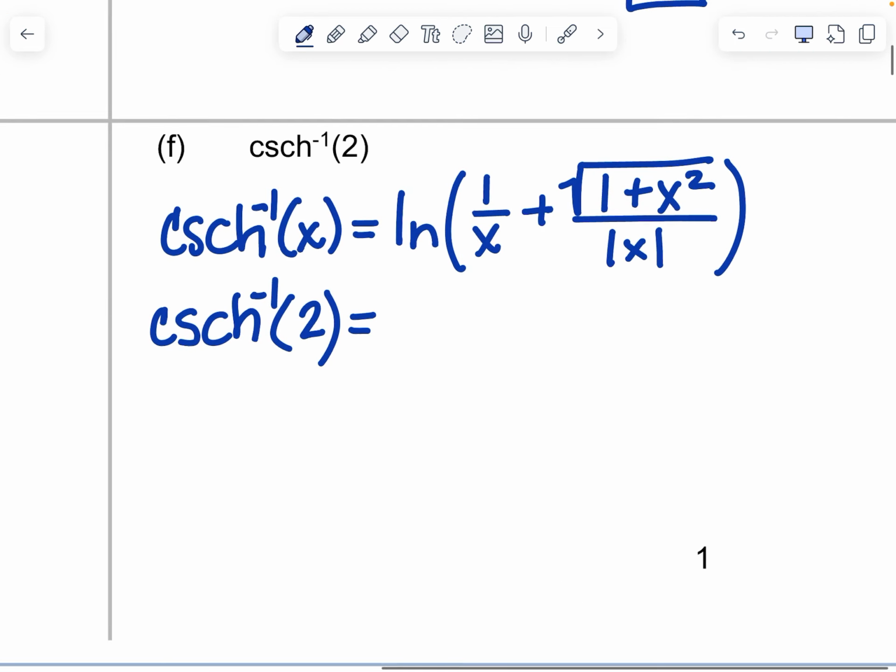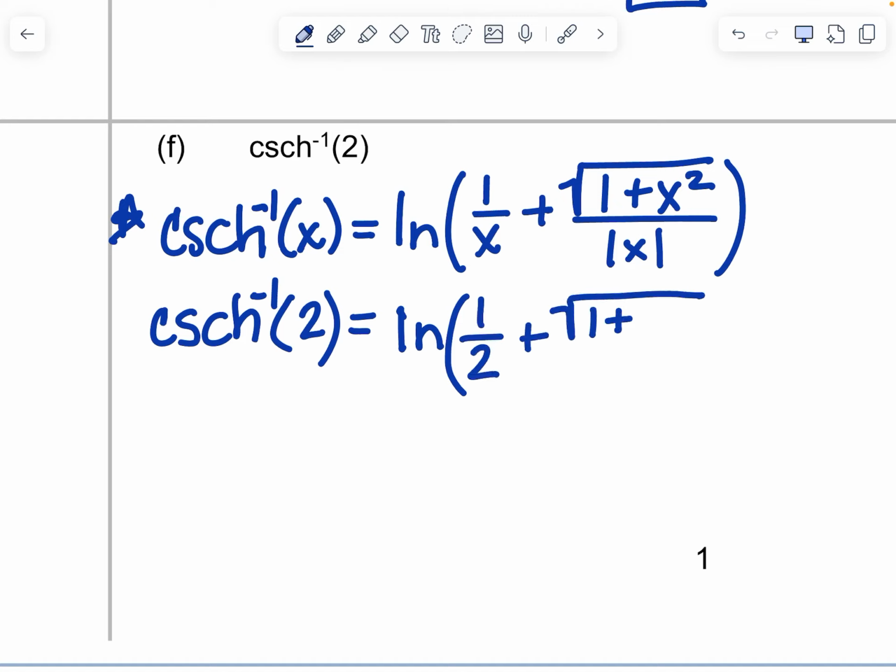For the inverse hyperbolic cosecant, we want the inverse hyperbolic cosecant of 2. There's the formula above in the first line. In the second line, I have the inverse hyperbolic cosecant of 2 is equal to ln of 1 over 2 plus the square root of 1 plus 2 squared, which is 4.